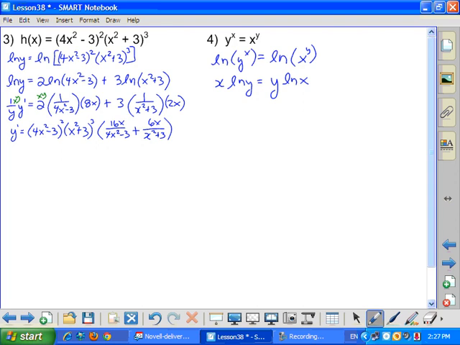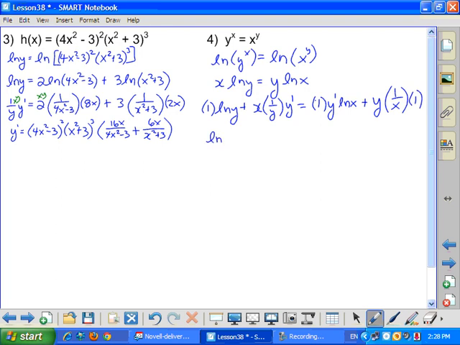Now we really have product rule on both sides, and it's a more simple product rule than maybe we would have been dealing with above. So just applying our product rule here, derivative of the first one would be 1 y prime ln x plus y 1 over x multiplied by 1.